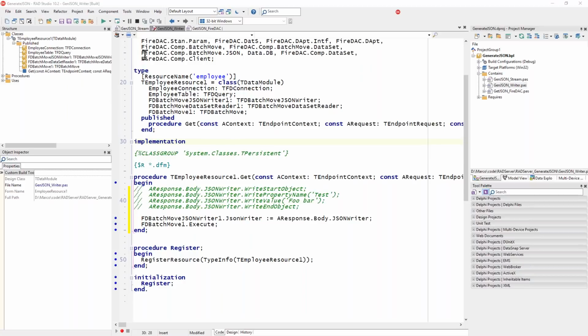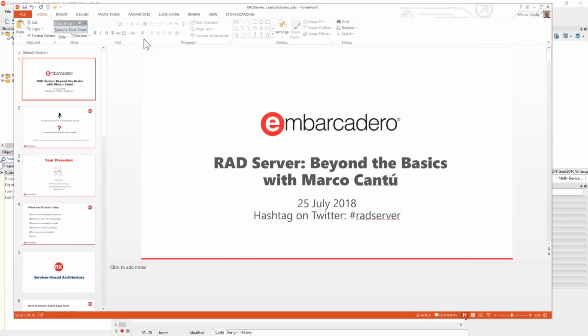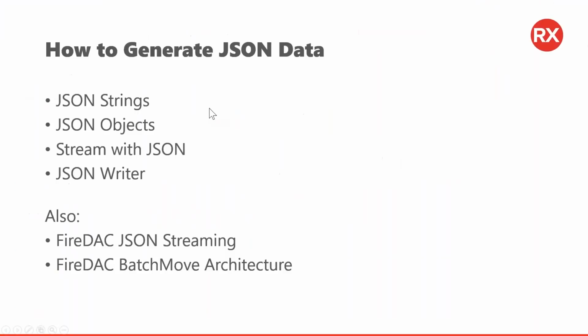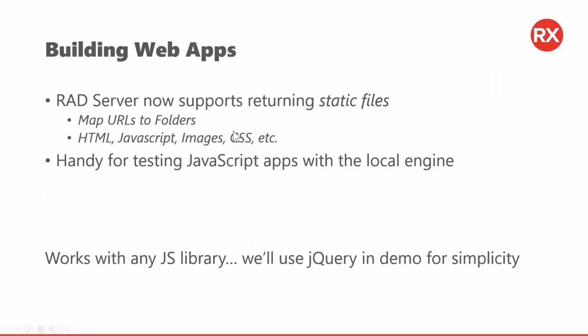Okay, so that's one area I wanted to cover, and I should get back to the slide. Now, the last thing I want to mention, and then I'll hint to a couple more advanced topics, is building web apps. So what we've done is added the ability in 10.2.3 for RAD Server to return static files.